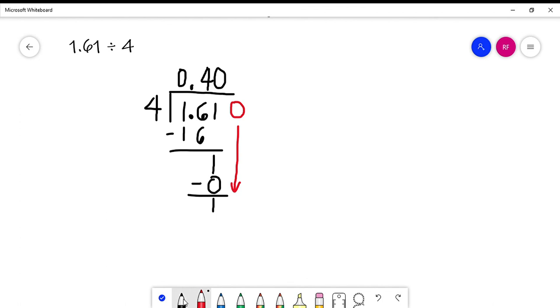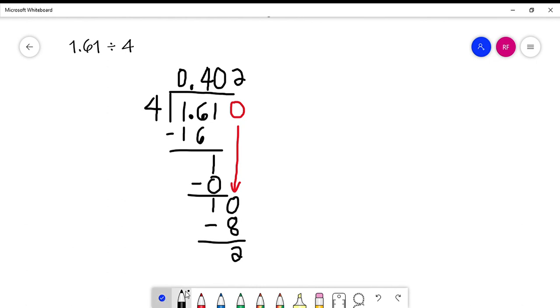So the number now below becomes 10. Then 10 divided by 4 is 2. So 2 times 4 is 8. Subtract. 10 minus 8 is 2.